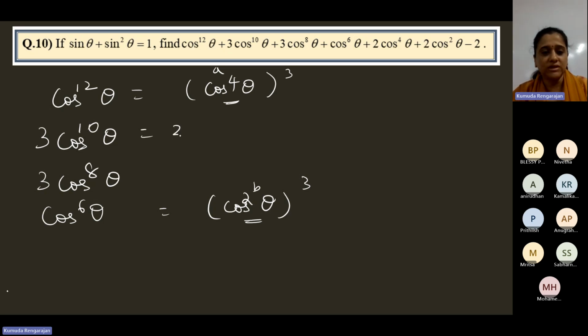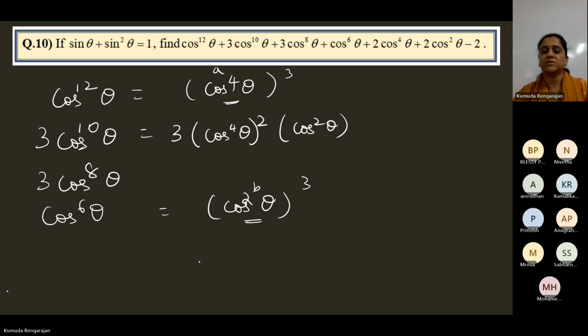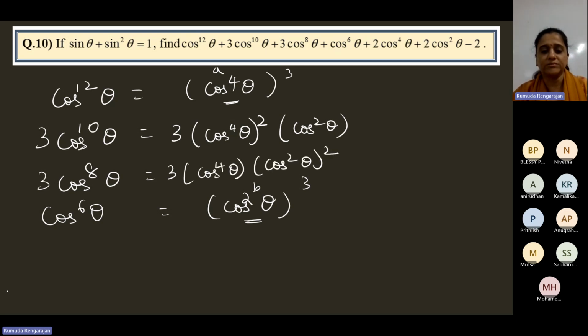So 3a square B: 3a square, cos theta to the power 4, a square into B, cos square theta. Correct? And 3ab square, A is this one, cos theta to the power 4, a B square. This is B and square.